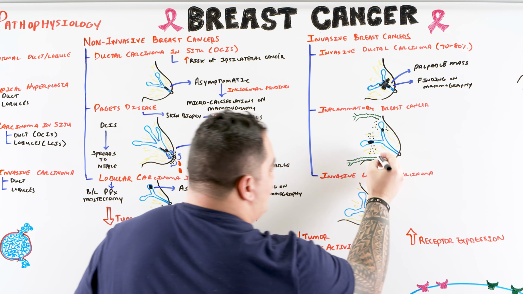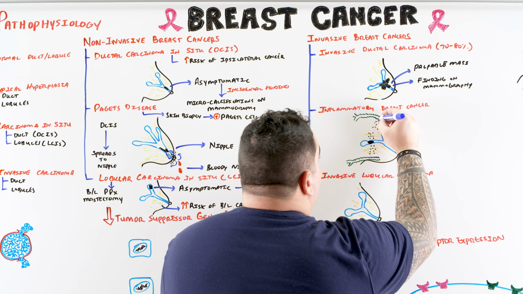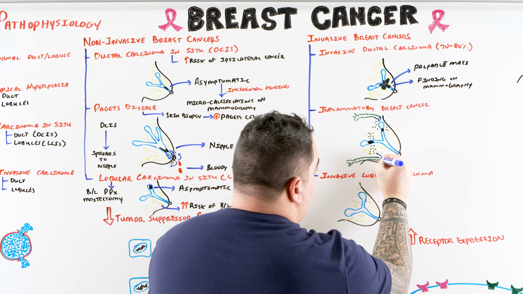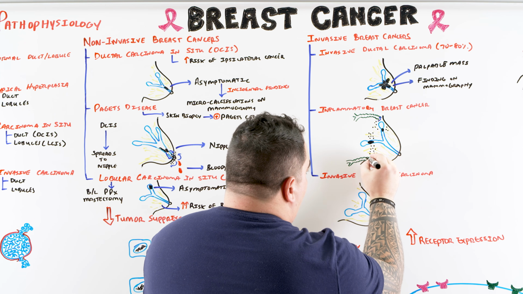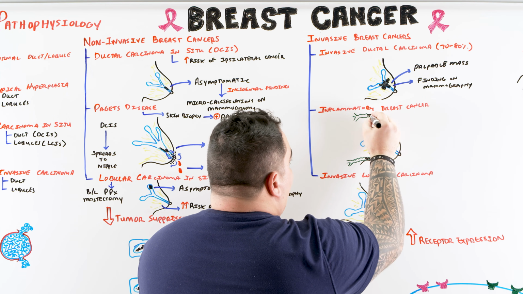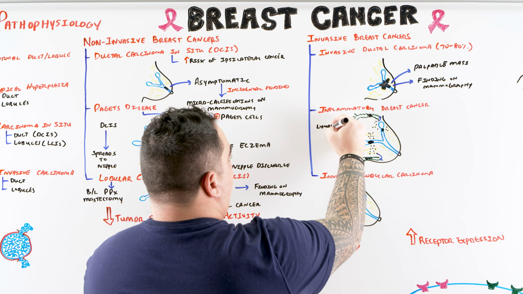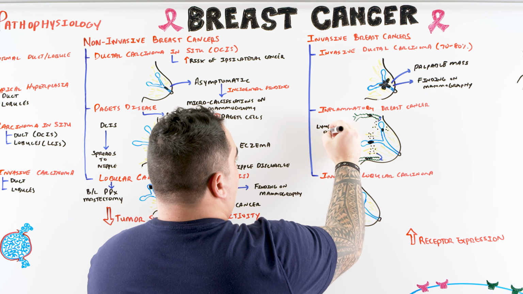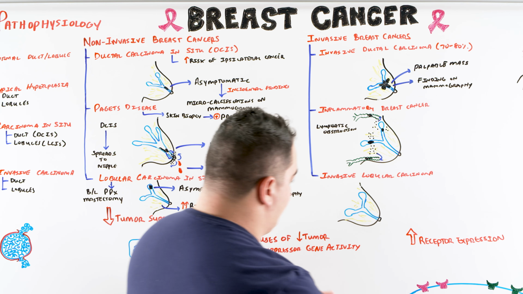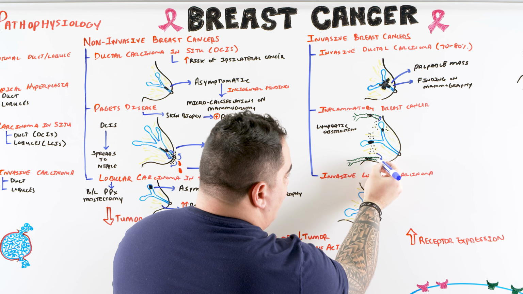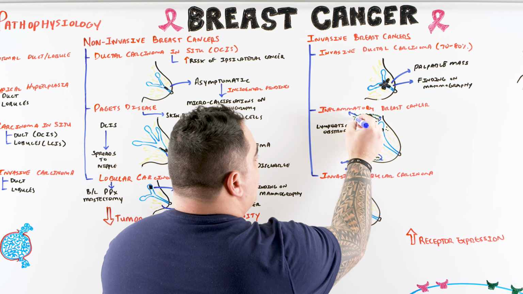From here, these tumor microemboli, guess where they go? They go right over here to your lymphatics in the dermis. When they get into these areas, they start clogging up your dermal lymphatics. And so you get lymphatic obstruction. Now, imagine you obstruct these lymphatics, because naturally what's supposed to happen is the lymph should drain some of this interstitial fluid and take it out, right? That's naturally what should happen.